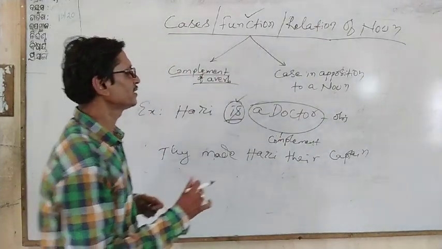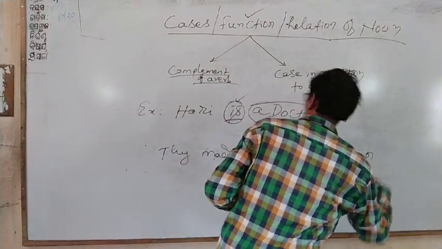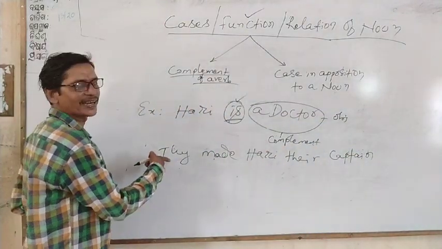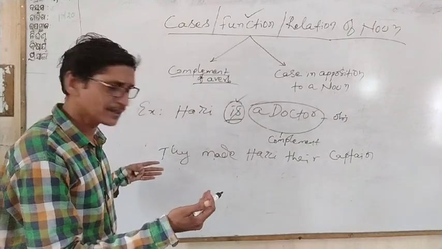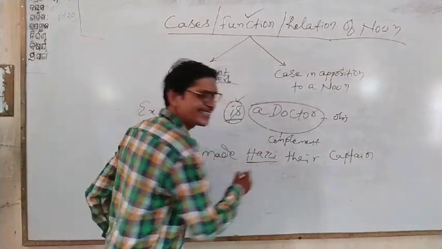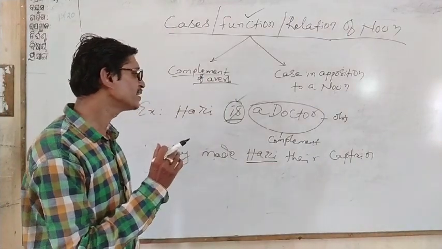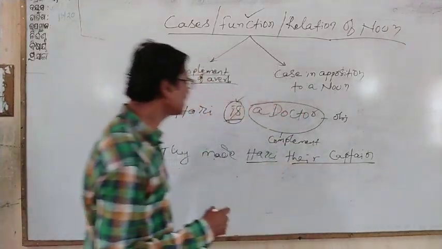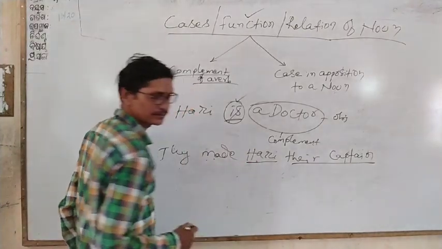You see, they made Hari their captain. Who made? They made. Whom did they make their captain? They made their captain Hari. What did they make Hari? Their captain. You see, here they made Hari.